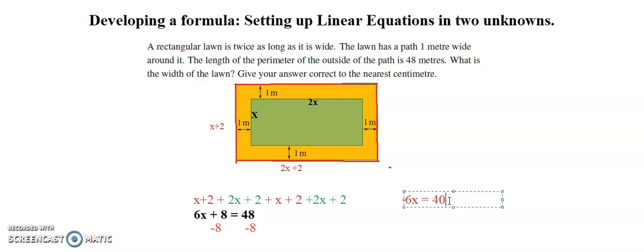So if I divide both sides by 6, I am going to be left with x, and I'm going to be left with 40 divided by 6. Now we can simplify this by using a calculator. 40 divided by 6 is 6.6. Okay, so now it's asking us, what is the width of the lawn? Well, x is 6.6. So that is the width of our lawn.